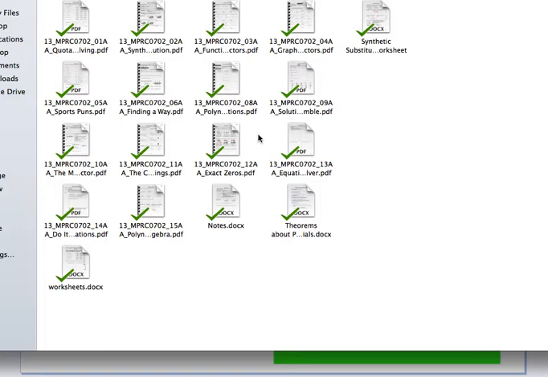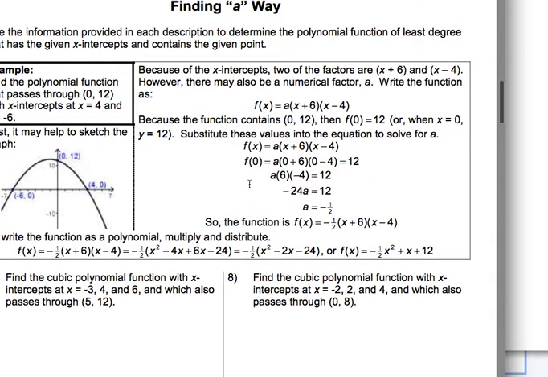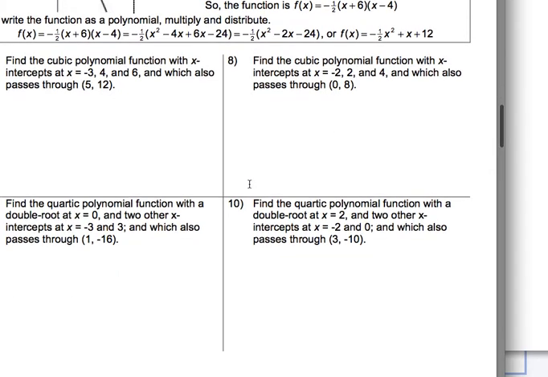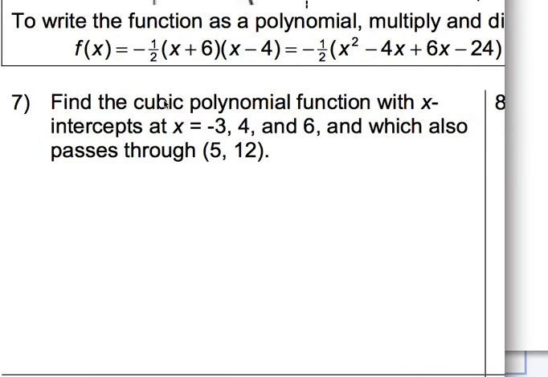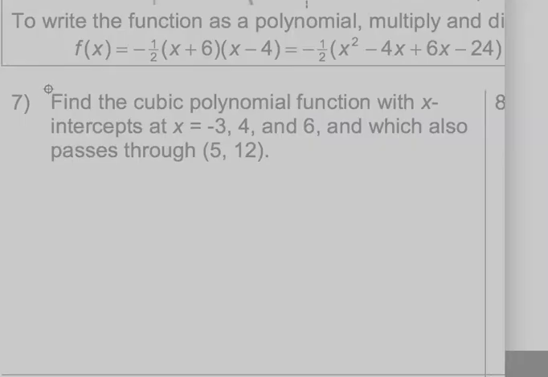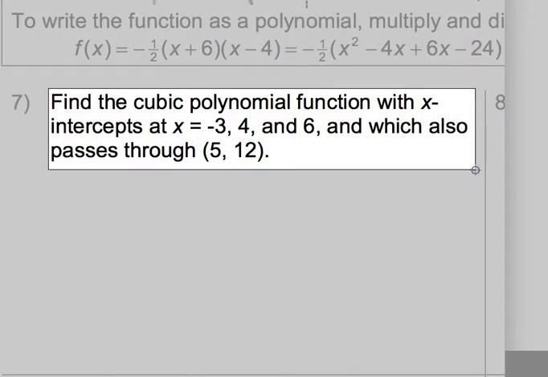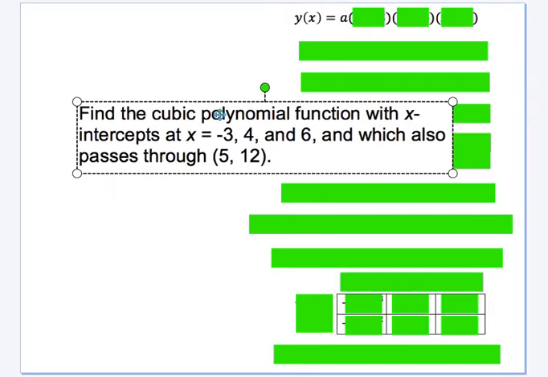Let's see. Finding a way is what I got this problem from. There we go. All right, sorry about that, guys.